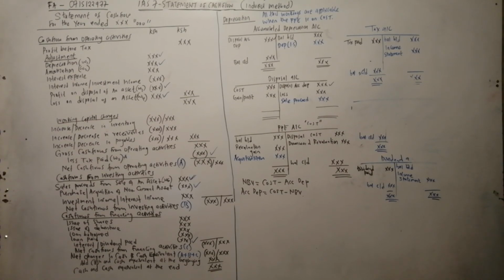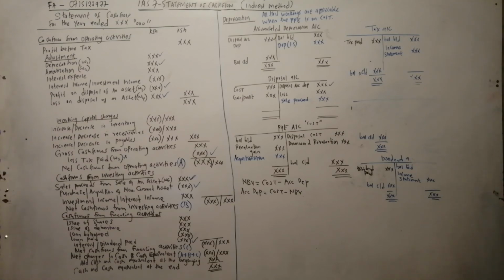Statement of cash flow. So in lesson 1 we talked about the format of the cash flow statement, as you can see, starting from the cash flow from operating activity to cash flow from investing activities, and then to cash flows from financing activities. Then we did some workings.